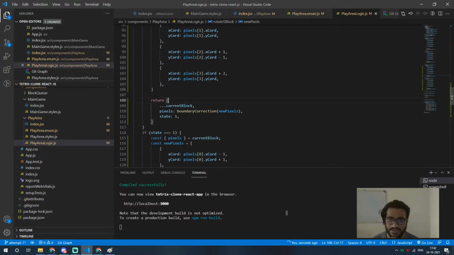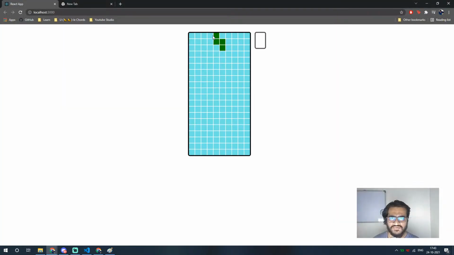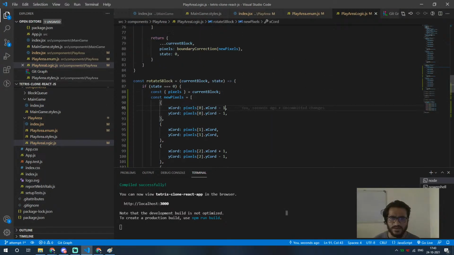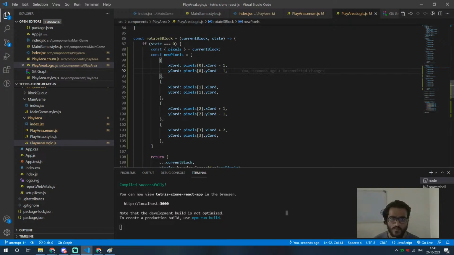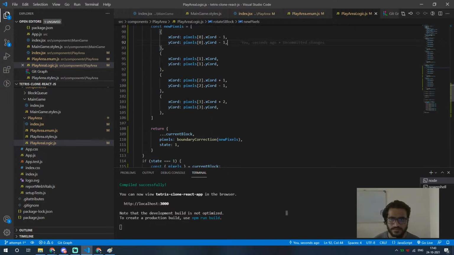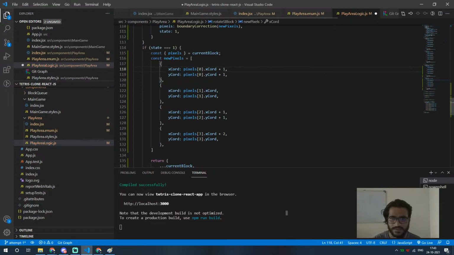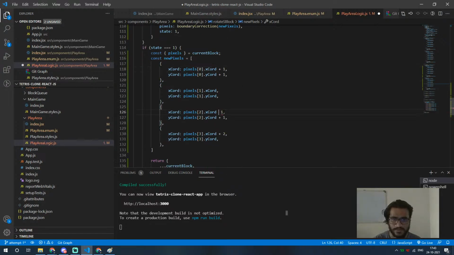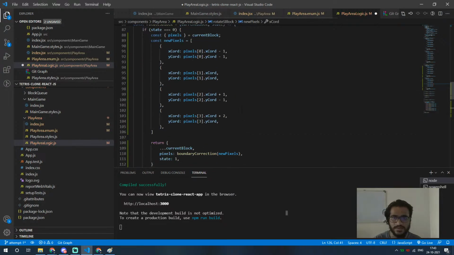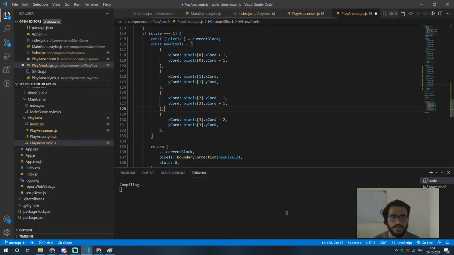What we need to do is work on state 1, which is going to be simple, exact opposite of the above, I suppose. -1 here we will do +1, then here +1 we will do -1, and here we'll do -2. Let's hope this works.